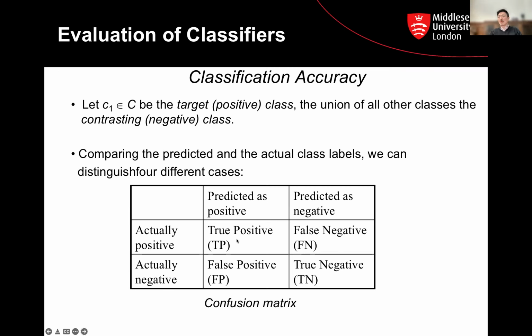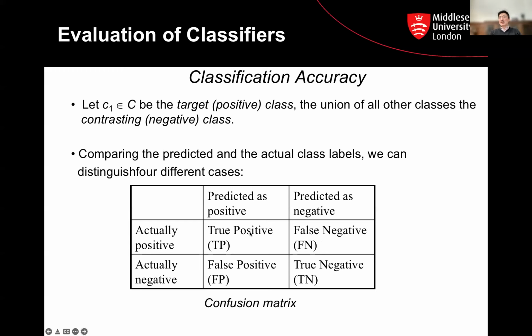So in total, there are 4 different possibilities in terms of effectiveness or accuracy of the model. When the answer is actually positive, the model can predict it as positive, in which case the model is correct, or predict it as negative, in which case that will be wrong.